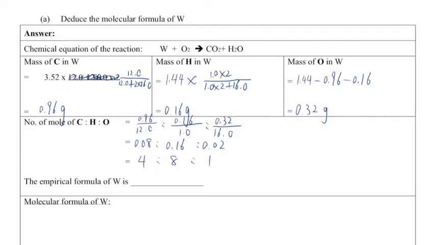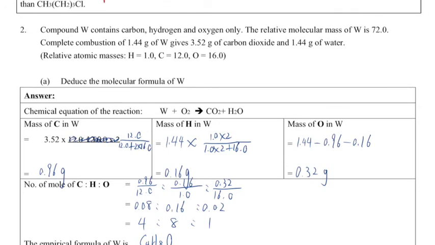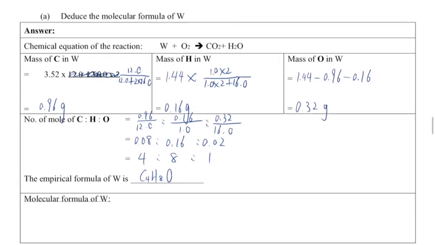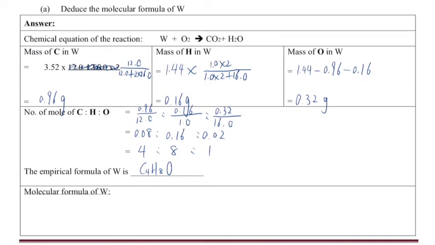So the empirical formula for W will be C4H8O. Now we have worked out the empirical formula, and remember in the question it tells us the relative molecular mass is 72. That means a number n multiplied by the mass of the empirical formula should give 72.